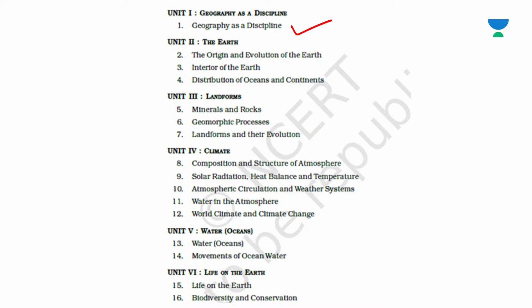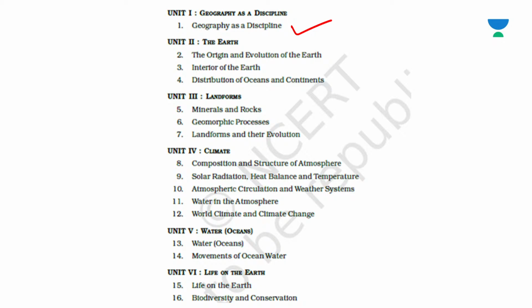Geography studies the differences of phenomena usually related in different parts of the Earth's surface. This is the definition of geography by Hartshorne, one of the experts.